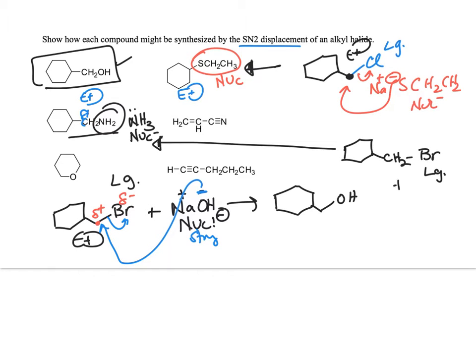Bromine's a good leaving group, and you'd react this with excess ammonia. This compound here, this is your nucleophile. So that came from sodium cyanide. In your book, you have a list of a lot of nucleophiles. This carbon here will be your electrophile. So we'll make that bonded to a leaving group.